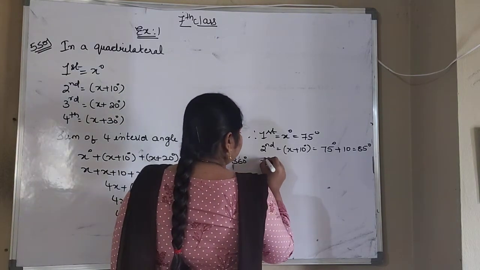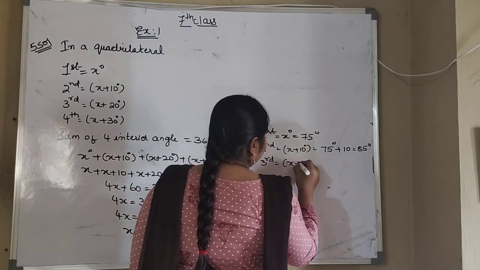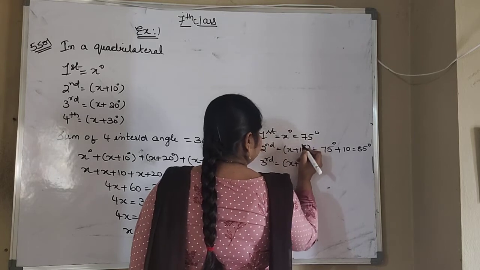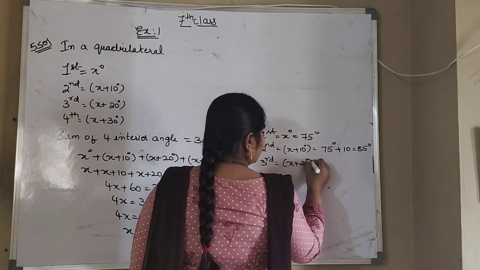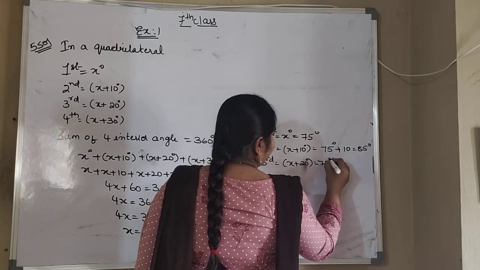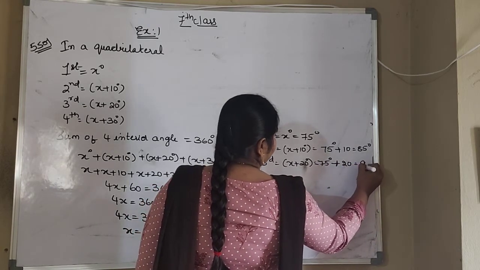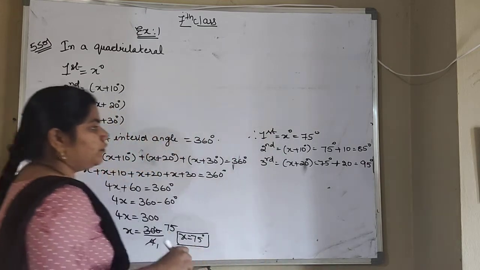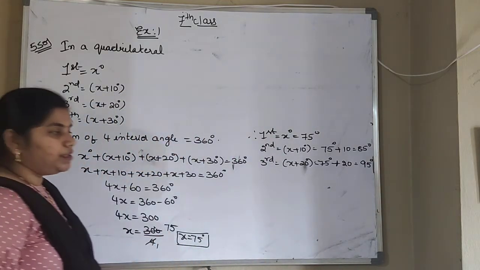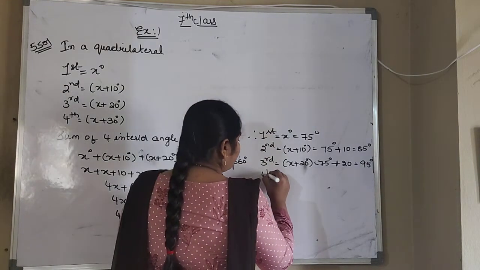Now you have to find the third angle. What is the third angle? x plus 20. So x value is 75 plus 20, which equals 95 degrees. So you get the third angle as 95. Now we have to find the fourth angle.